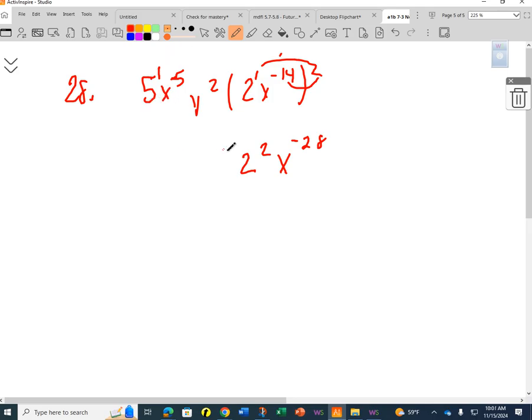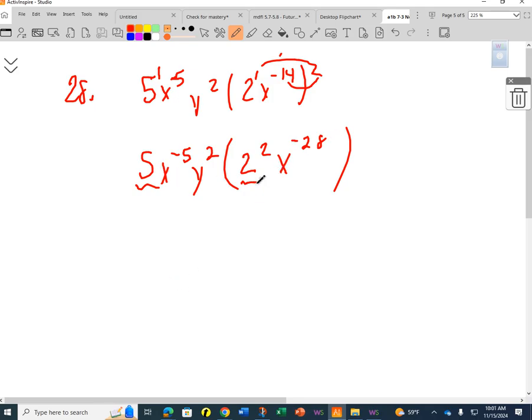So now we're going to bring down, so now we have 5 x to the negative 5th power y squared times this. And remember, these parentheses are just like multiplication. So we're going to multiply this. I mean, we don't even really need the parentheses. Times 2 squared times x to the negative 28th power.